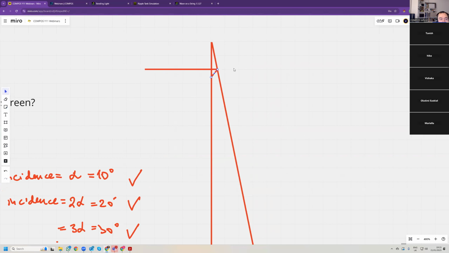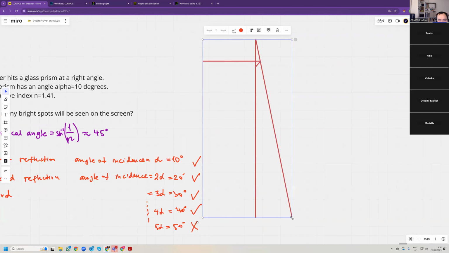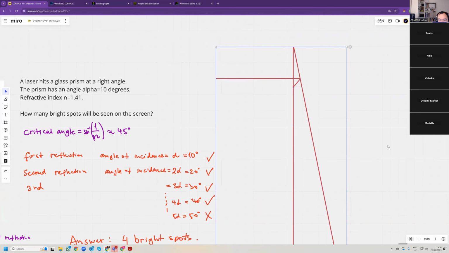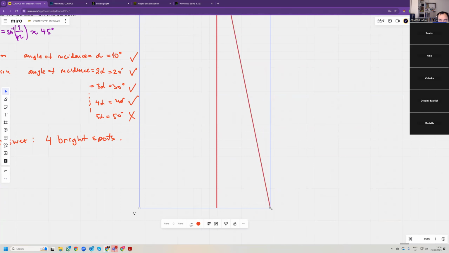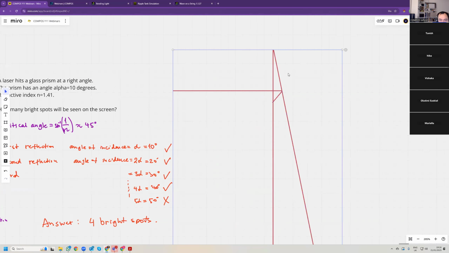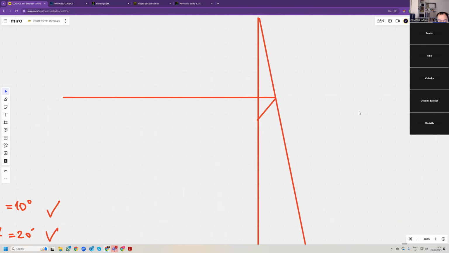Now if we zoom in, we will see that if this is the normal line, then this is alpha.